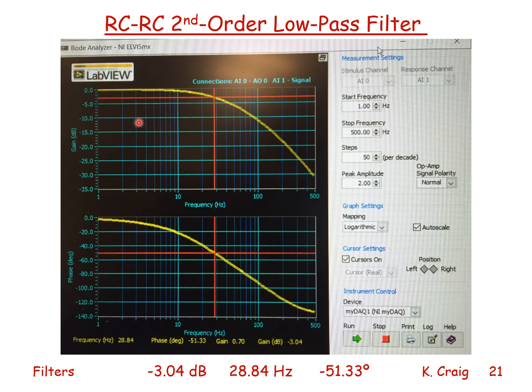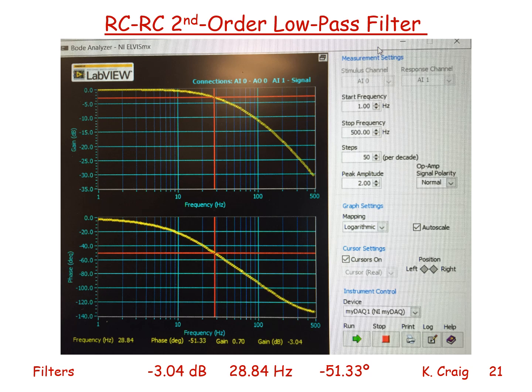And I notice that I still get a flat response at low frequency, a slope now that is minus 40 dB per decade, because I have two RC low pass filters, a phase angle that goes from 0 degrees and will approach minus 180 degrees at high frequency. So here's how I can measure that frequency response plot in hardware using my National Instruments myDAQ.